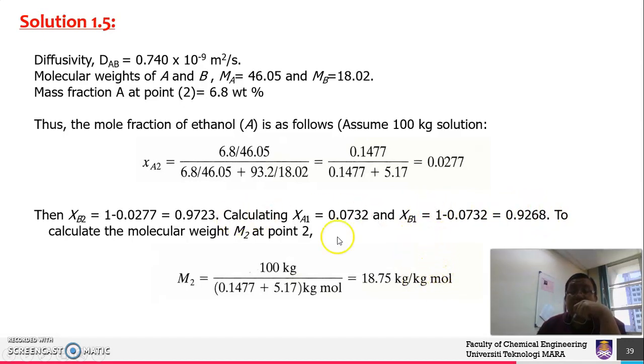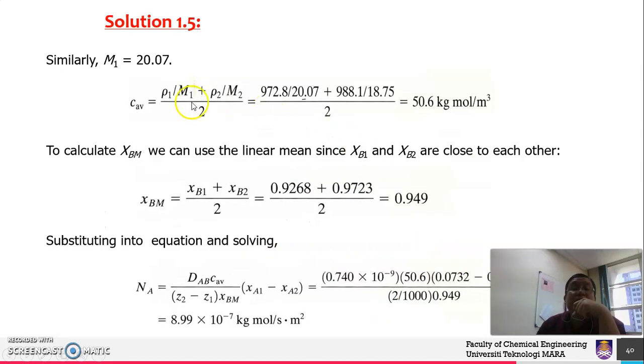From there we can get the molecular weight at point 2. Because we have this value as a total mole, we just divide 100 kilograms by the total mole and you will get the molecular weight. Only then can you calculate M1, and then you get the C average of 50.6.